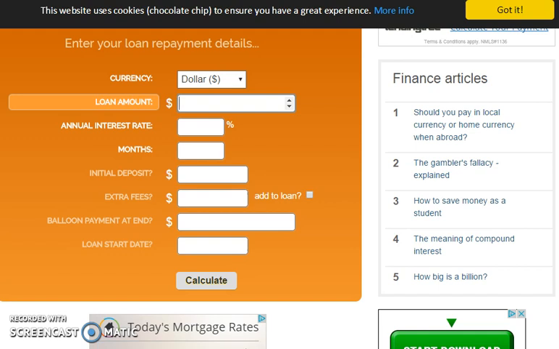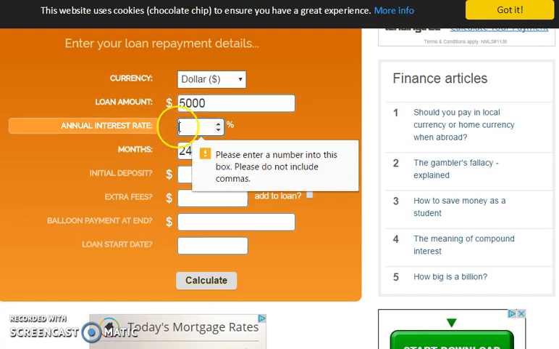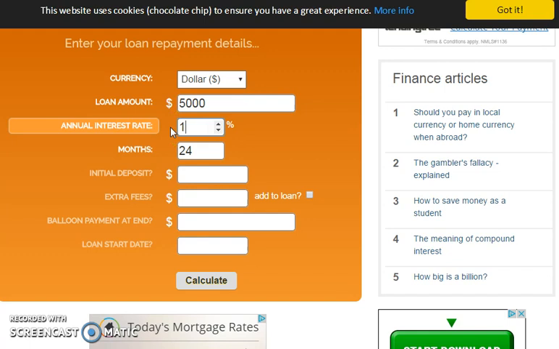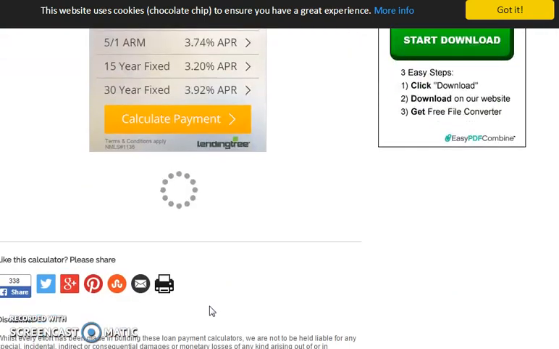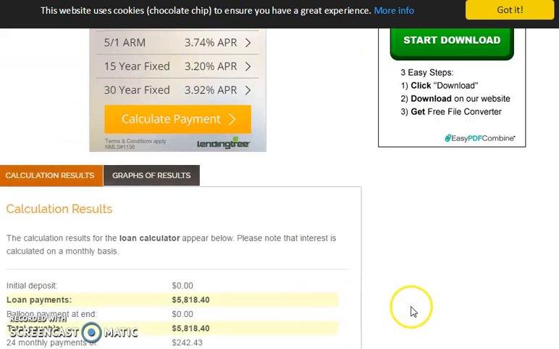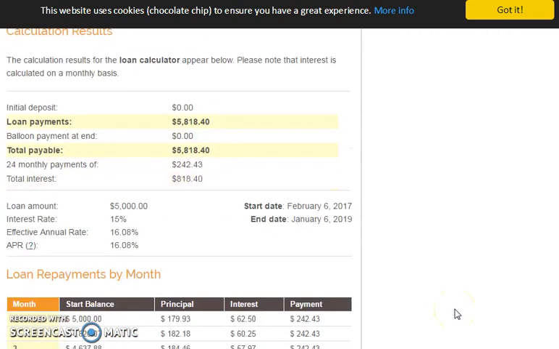Okay, so problem number 6 was a $5,000 loan amount for 2 years, which means 24 months, and at an interest rate of 15%. So now click Calculate. So we can fill in the information.